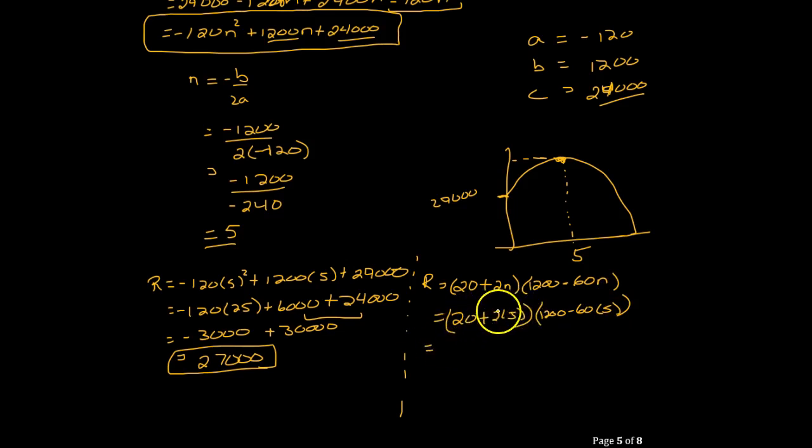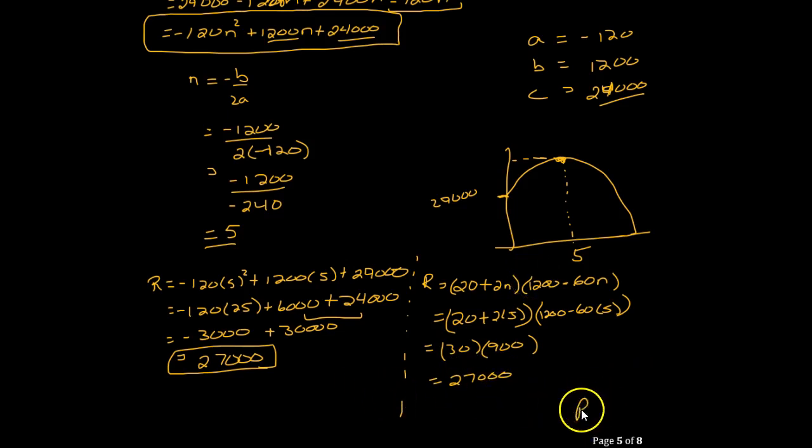So 20 plus 2 times 5. The 2 times 5 is 10 plus 20. That's 30. Then 1200 take away 300. 60 times 5 is 300. 1200 take away 300 is 900. And then we have 27,000. So either form doesn't matter.